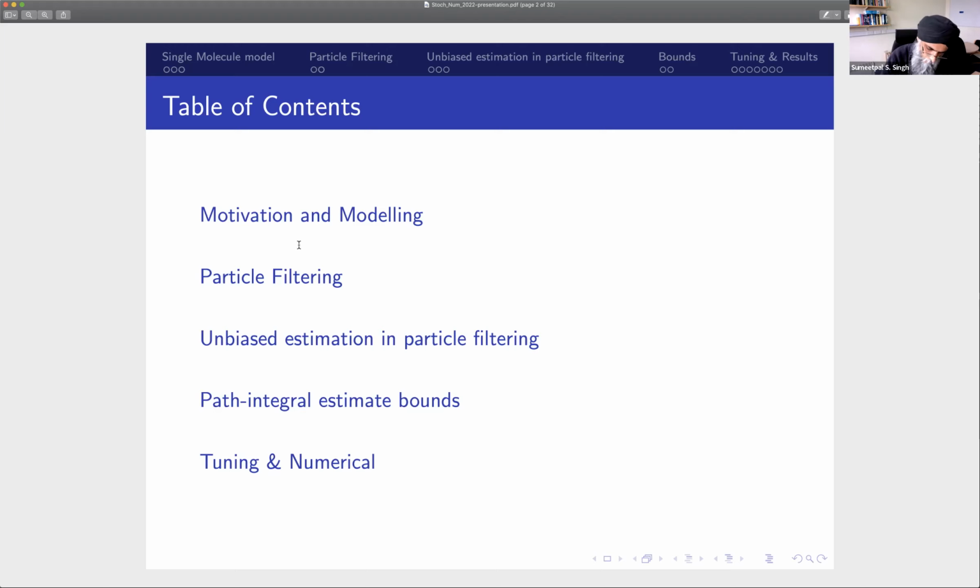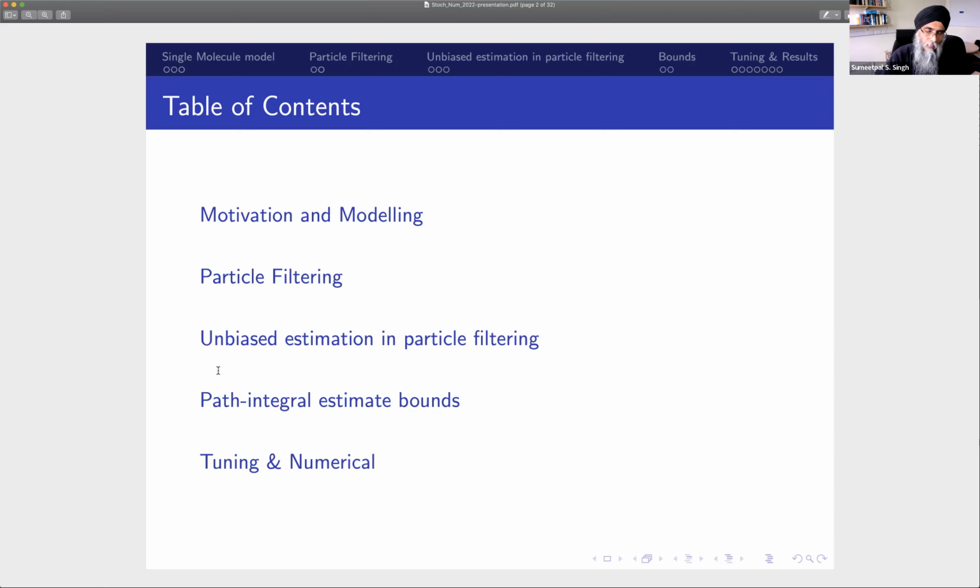And then I'll tell you about particle filtering and how it's been applied to these kinds of problems. What are the shortfalls of present efforts? And then I'll tell you about the role of unbiased estimation in particle filtering. This is quite an old idea, but I think we've revisited it in the context of a new application, and perhaps we are able to say a few new things even for the methodology.